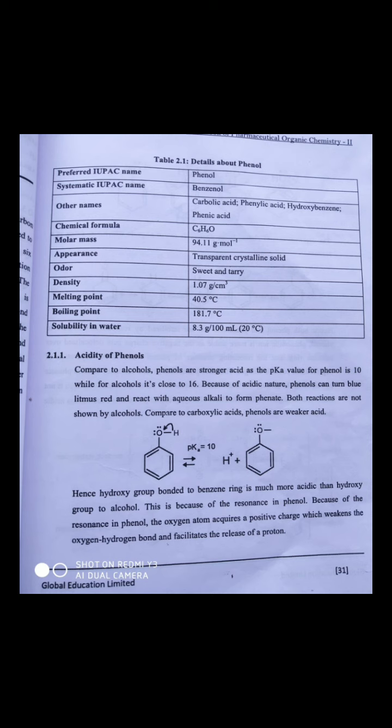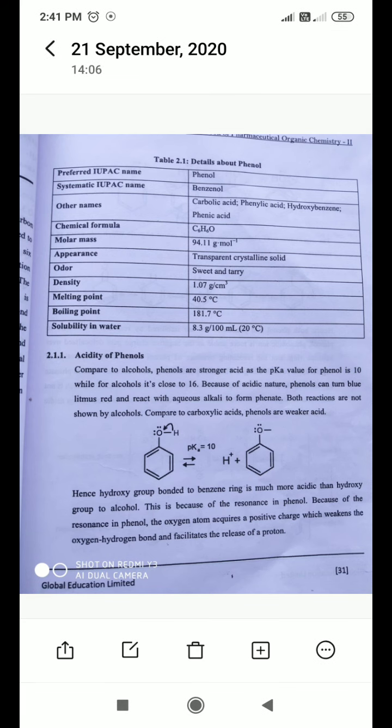Odor: sweet and tarry. Density is 1.07 gram per cubic centimeter. Then the melting point is 40.5 degrees Celsius. This means that if your room temperature increases in summer days, phenol can easily melt.